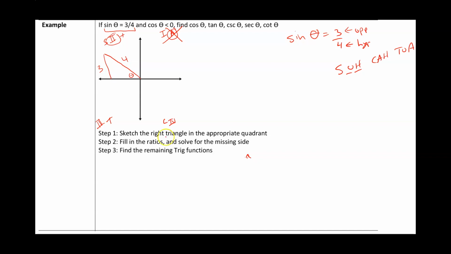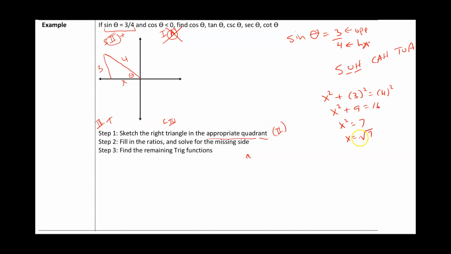Okay, so first, sketch the right triangle in the appropriate quadrant. In this case, the appropriate quadrant is quadrant 2. Second step, fill in the ratios and solve for the missing side. So this side is missing, the x is missing. I'm going to use the Pythagorean theorem: x squared plus 3 squared equals 4 squared. So x squared plus 9 equals 16, which means x squared is 7 and x is radical 7.